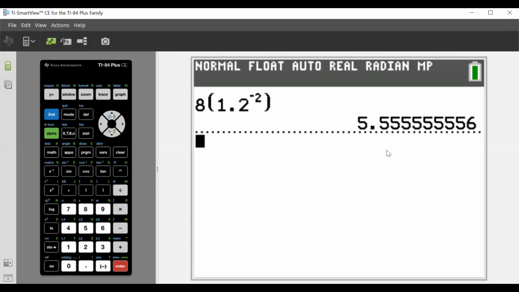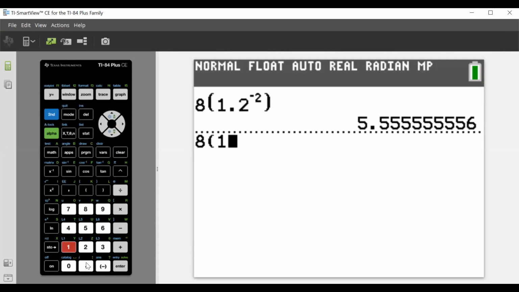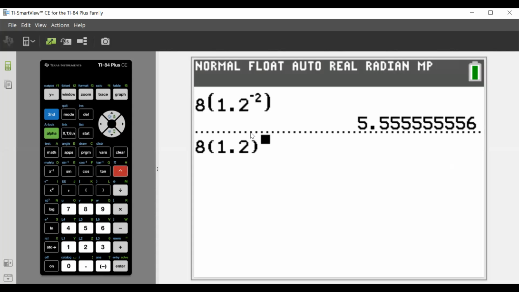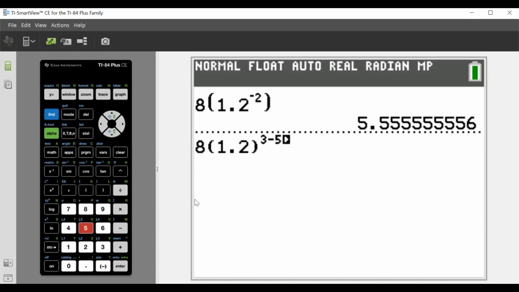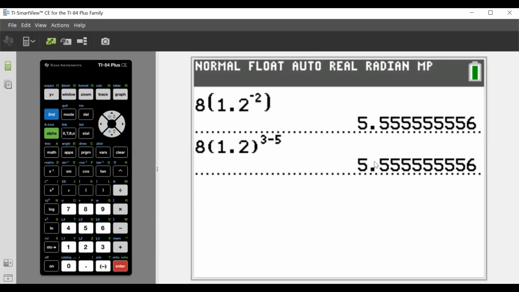We're going to get 5.55555, and then it rounds that last one up. We could also write it as it was: 8, parenthesis, 1.2, parenthesis, to the power. And now with the TI-84 Plus, whether you have the color edition or whatever, you can say, okay, we'll take 3 minus 5, and as long as that stays all in the exponent, now we can say enter, and we get the same thing.